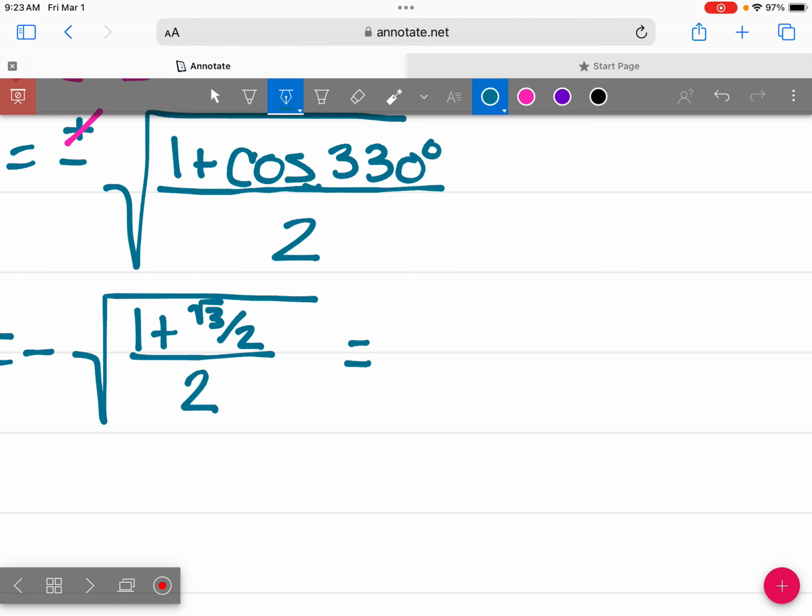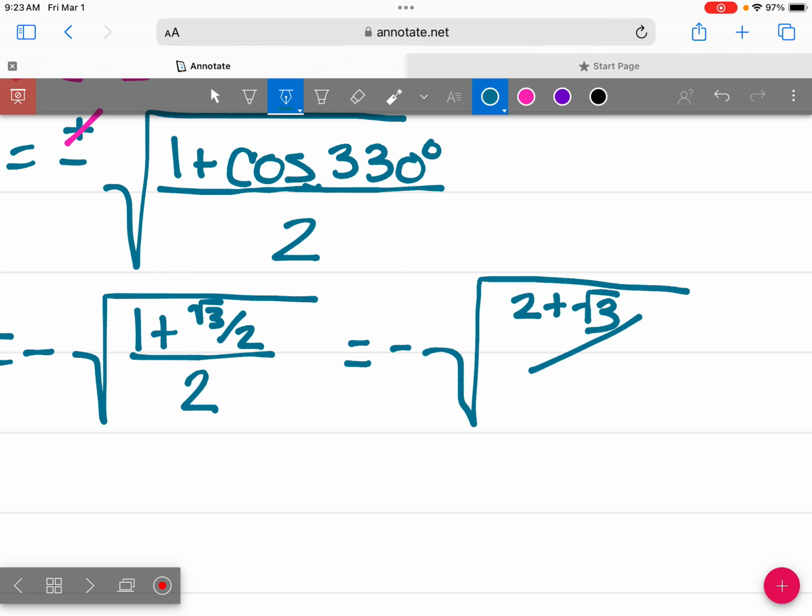Well, I can common denominator that numerator to get 2 plus square root of 3 over 2. I'd really like this to just be one fraction, not a fraction of a fraction, because ew.